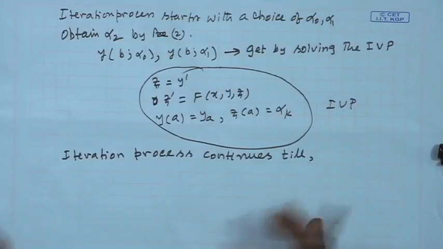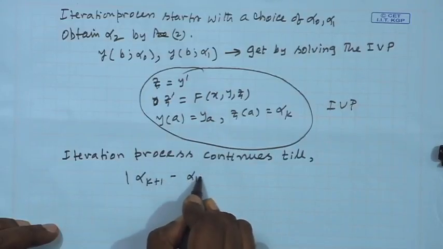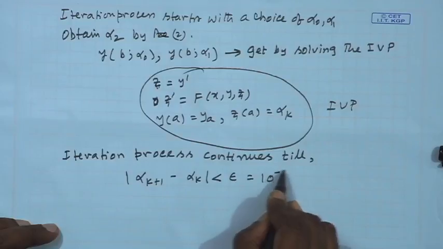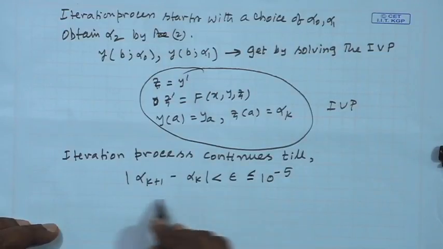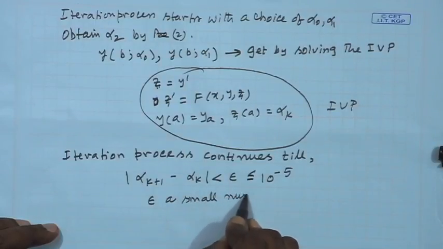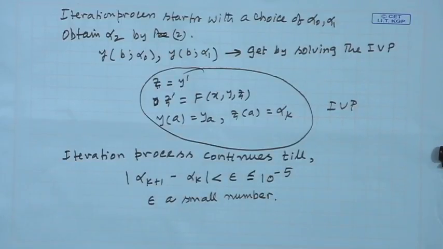Till we find that two successive approximations differ by a very small number, less than epsilon, say less than or equal to 10 to the power minus 5. Depending on your order of accuracy, this is a small number which establishes the criterion for convergence.